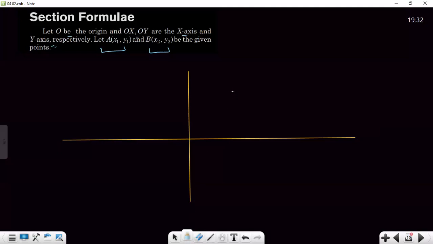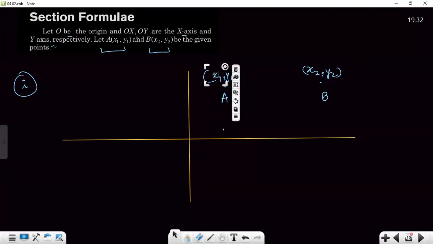And there are 2 points given, A and B. In the first scenario, let's first write that point A has x1 and y1 as coordinates, and point B has x2 and y2 as coordinates. Okay, so these are the 2 points.